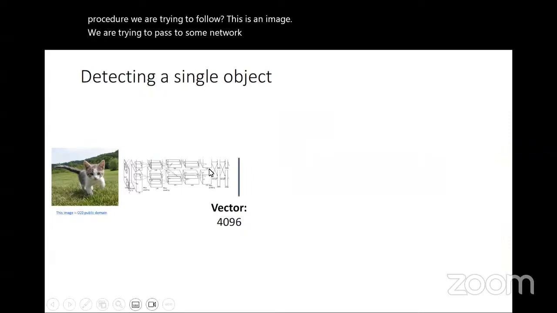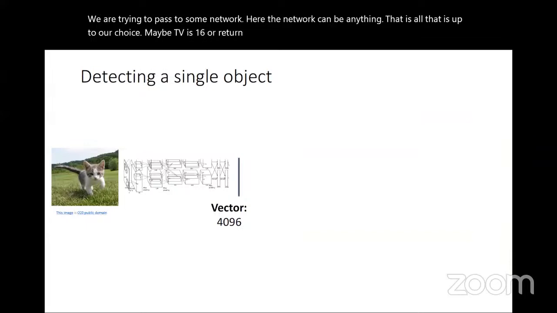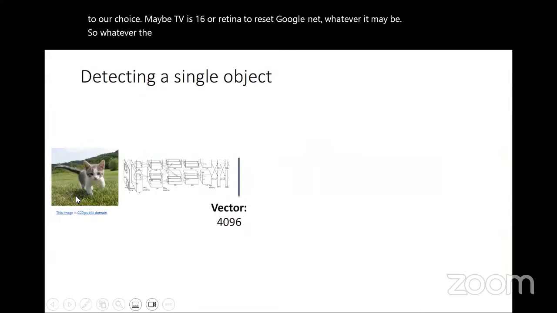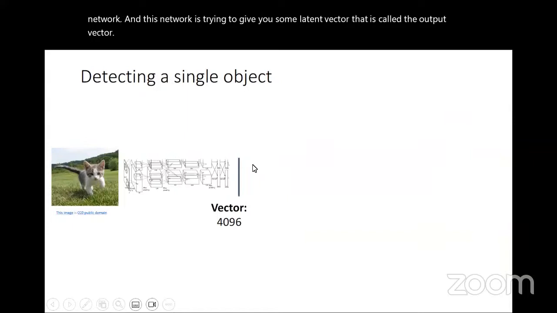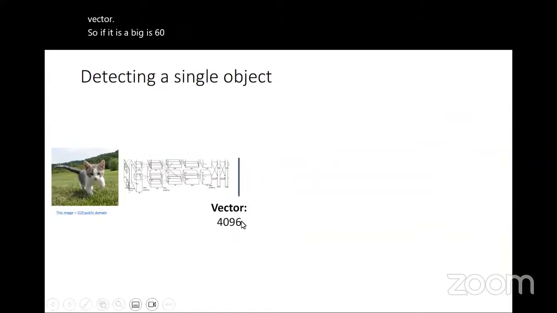The network can be anything, that is up to our choice, maybe VGG16, RetinaNet, ResNet, GoogleNet, whatever it may be. The image is passed as an input to the network, and the network gives you a latent vector, the output vector. For VGG16, 4096 is the feature vector for the architecture.